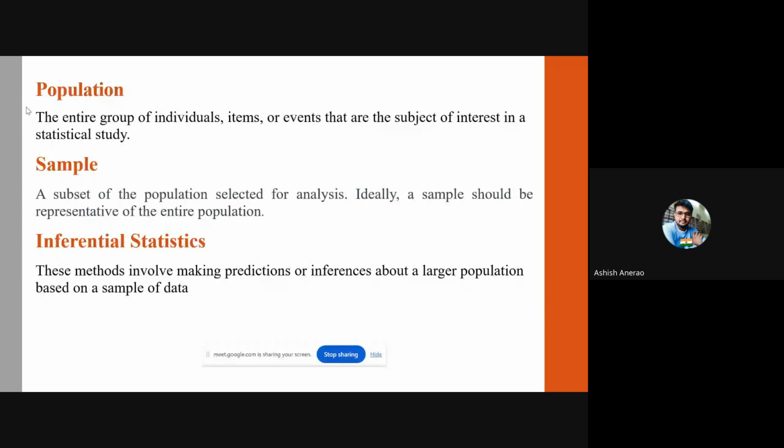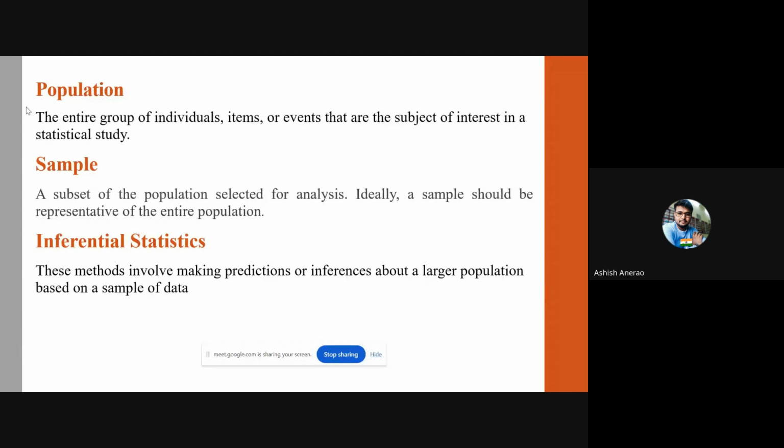That sample should represent our population. There are some techniques and tools in statistics to check whether the given sample represents our population or not. If the sample represents our population, then our inference is a good inference. So in inferential statistics we use a sample to represent some population characteristics.